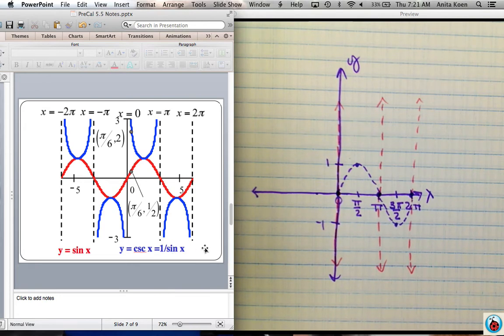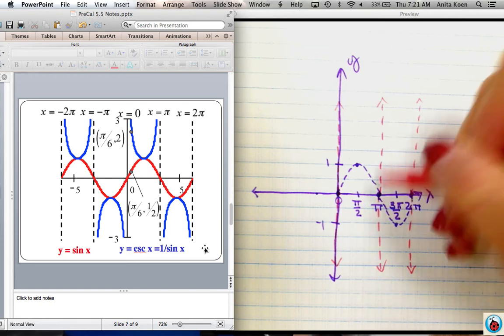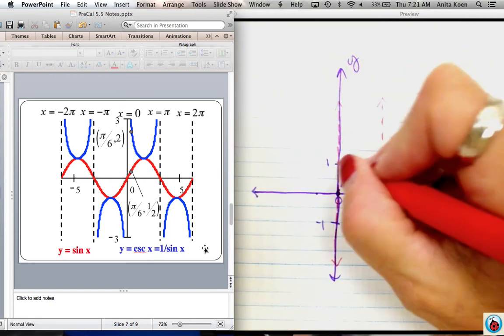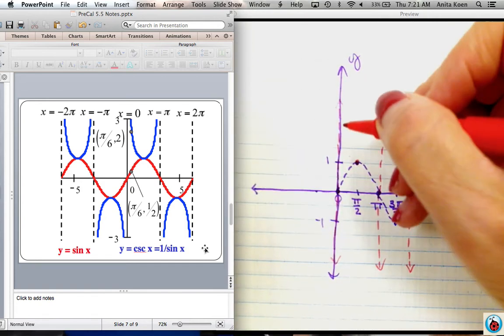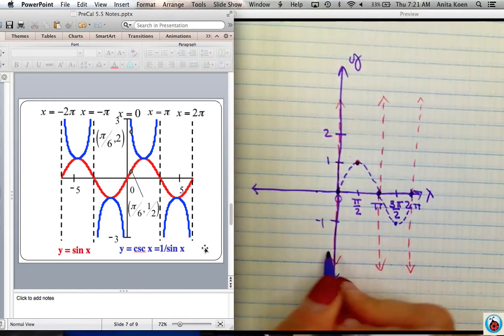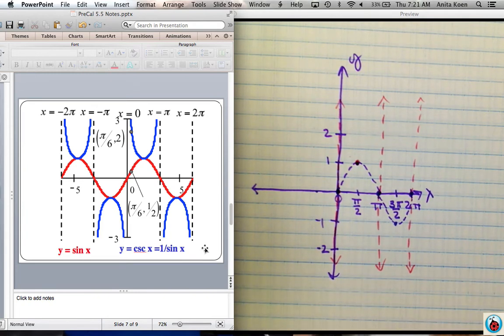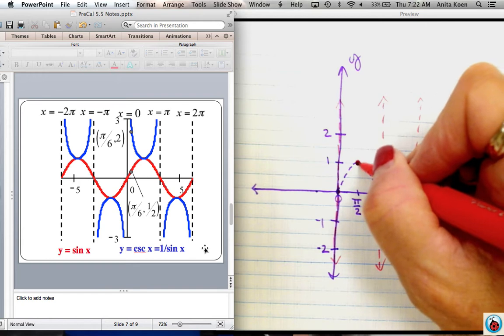And then because the values of the cosecant are the reciprocals of the values of the sine, what's going to happen with this graph is it's going to just flip up. The reciprocal of 1 is 1. Let me put another point on this graph so we can have accuracy here. The reciprocal of 1, because this is the point pi over 2, 1, the reciprocal of 1 is 1.